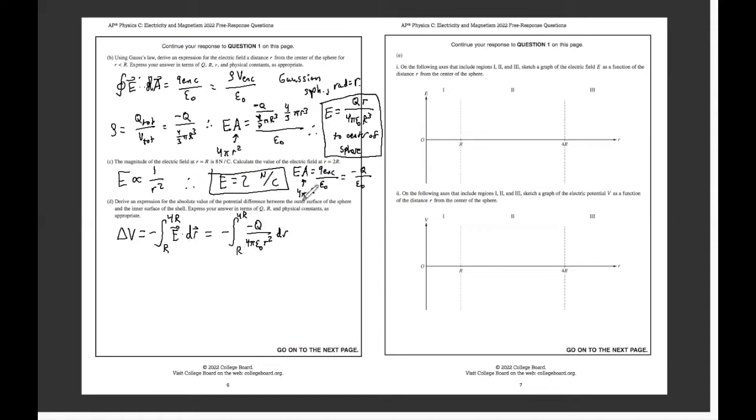Okay, going back to part D though, I can go ahead and integrate this out. I do get negative Q over 4 pi epsilon naught little r, evaluated from 4R to big R. So this is going to be negative Q over 16 pi epsilon naught big R plus Q over 4 pi epsilon naught big R. And that is going to be 3Q over 16 pi epsilon naught big R. Do note that this is a positive number.